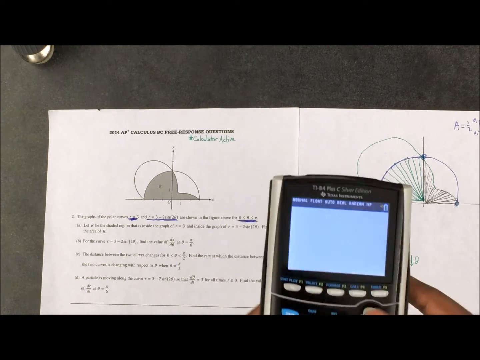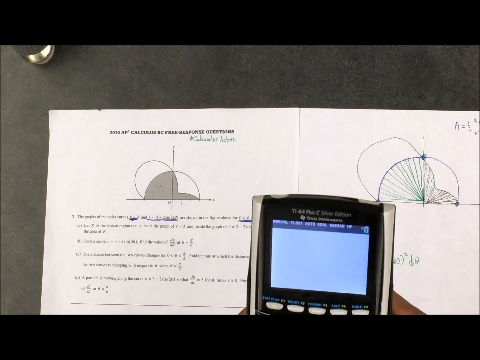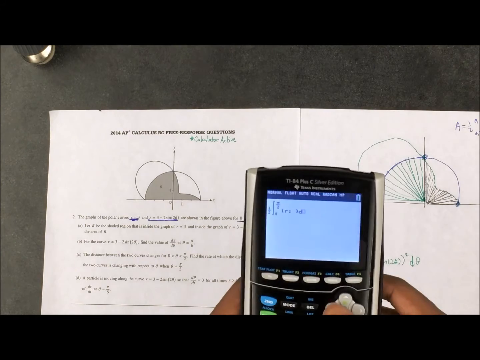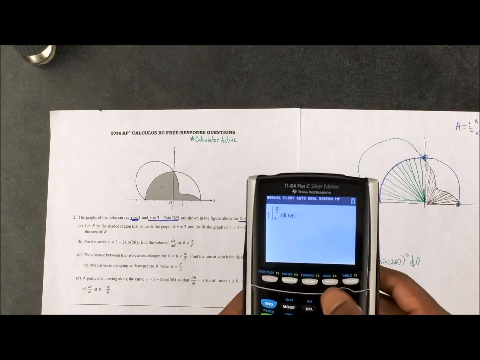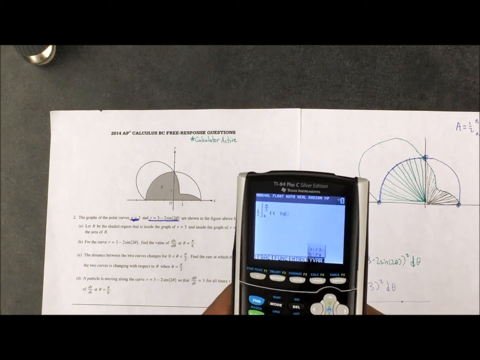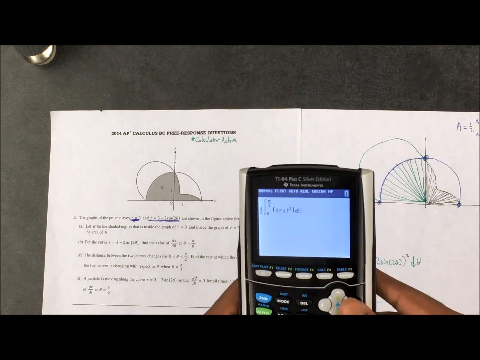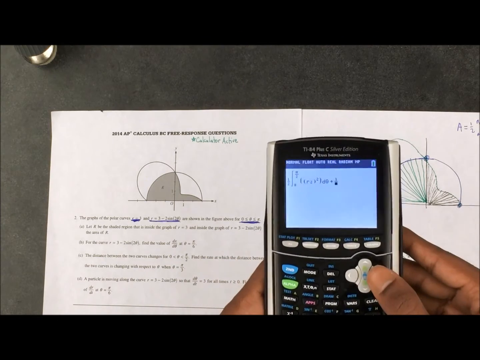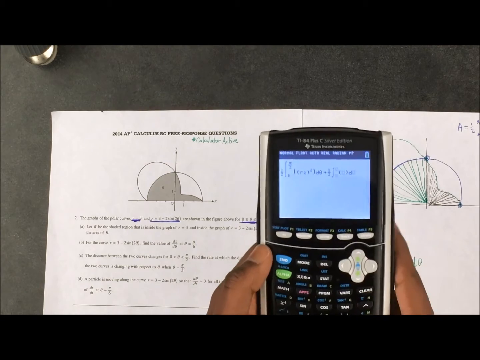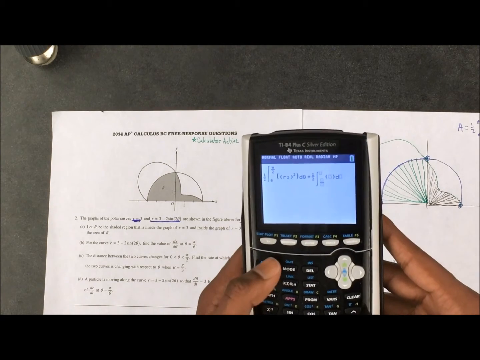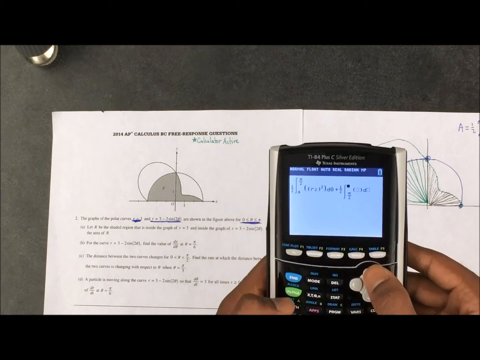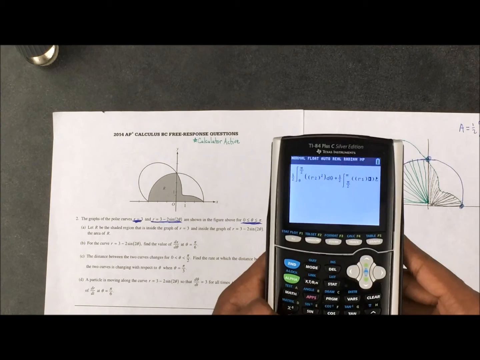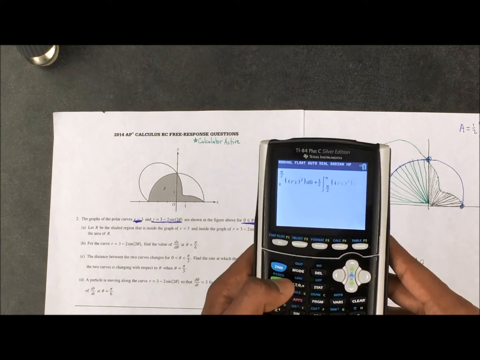1/2 the integral from 0 to pi over 2 of my second r, which is 3 minus 2 sine 2 theta, all squared d theta, plus 1/2 times the integral from pi over 2 to pi of my first r, all squared d theta.